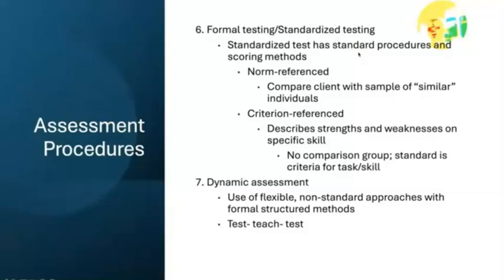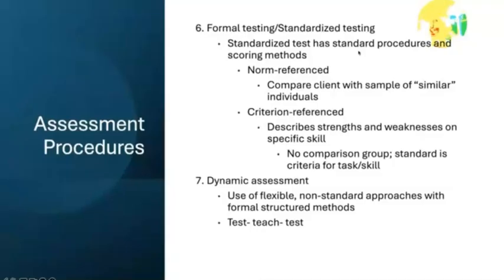Standardized tests have very specific procedures and scoring methods. There are two major types of standardized tests that we'll talk about. Norm referenced is when you have the client take a number of tests, and your scores are then compared to a sample that the test makers derived scores from.